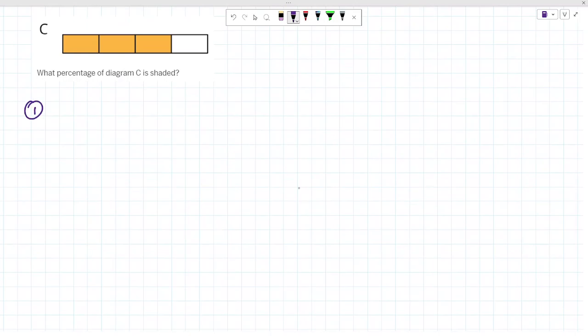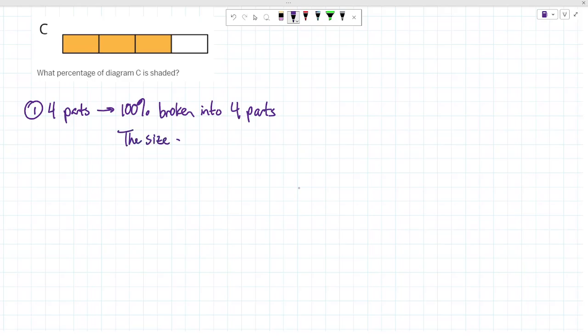First, let's figure out how much each part represents. So there are 4 parts, you can count that, 4 parts. So if we take 100% and we break it into 4 equal parts, then the size of each part is what?